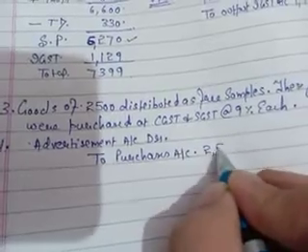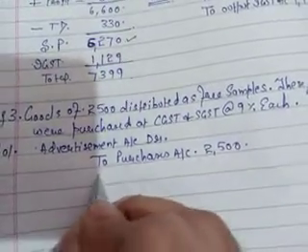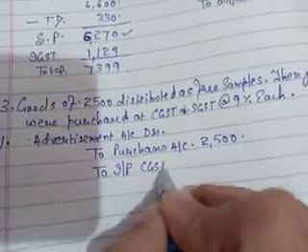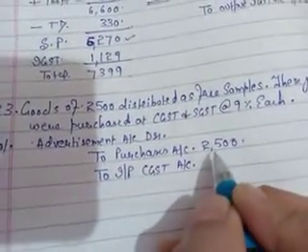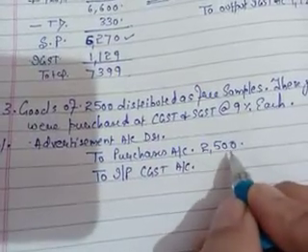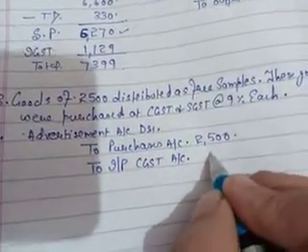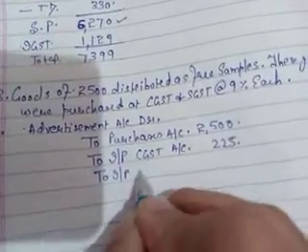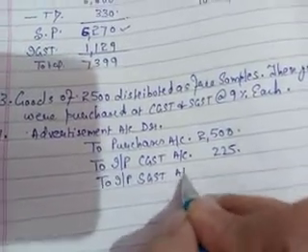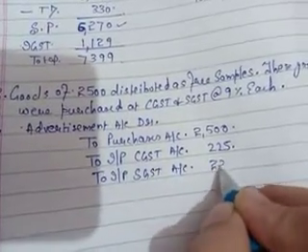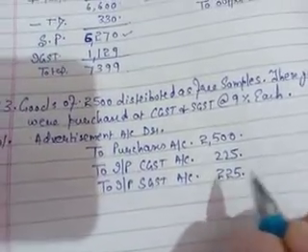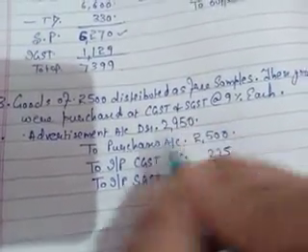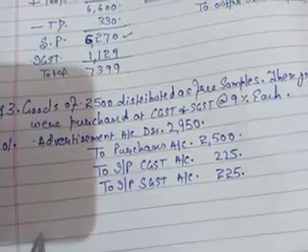Goods are of rupees 2,500 to input CGST account 9%. 9% of 2,500 comes out to be 225 to input SGST account 225 again. So 2,950 will come in advertisement. Is it clear?